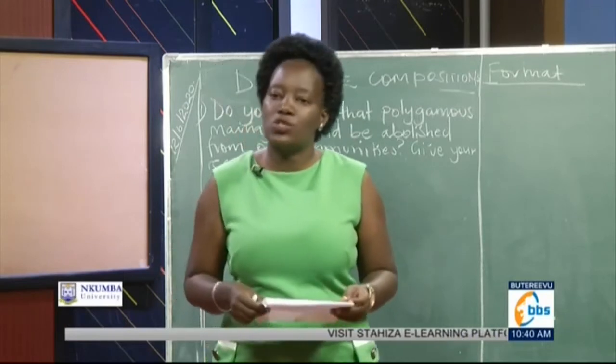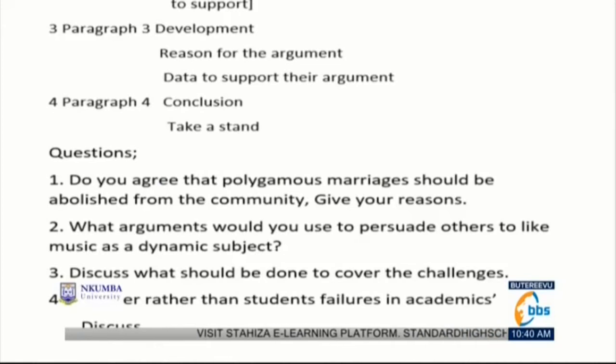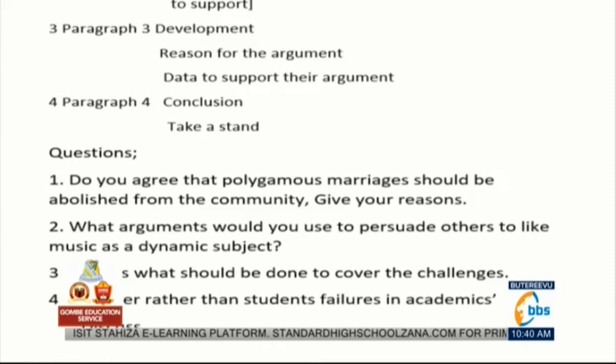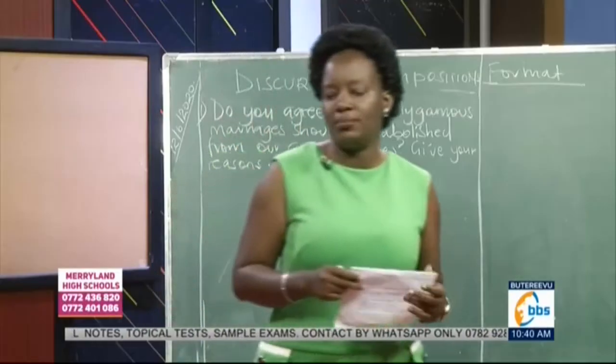Then let us look at question 2. What arguments would you use to persuade others to like music as a dynamic subject? So here, you give your reasons why you think so. If you think you cannot go for such a question, ignore it. Sometimes learners want to go where they think they're not going to write much.